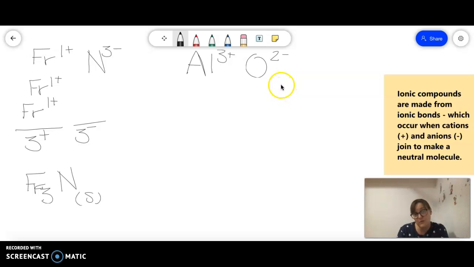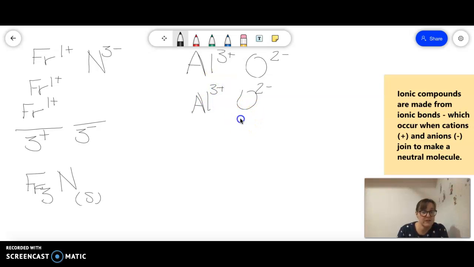But how we do that and what it means is when you've got a 3+ over here, you can only add whole molecules. You can't add a half. So here you need another oxygen because you have less than 3. But now I have 4 negatives and 3 positives, so I'm going to have to add another aluminum.